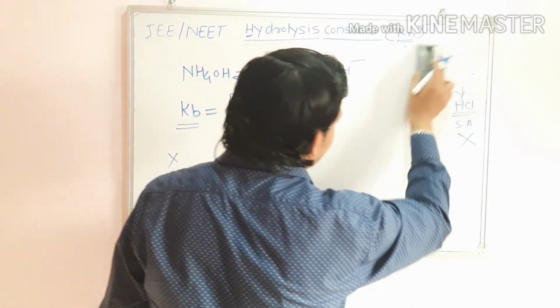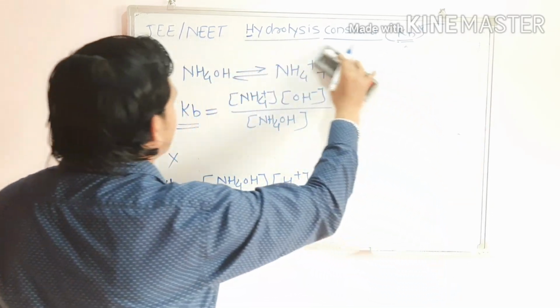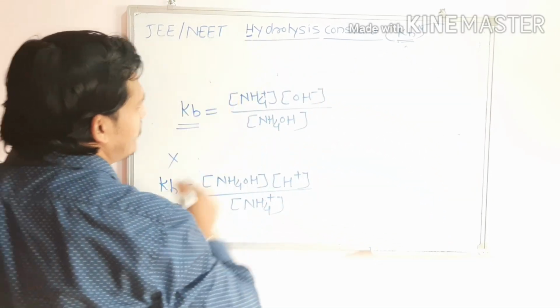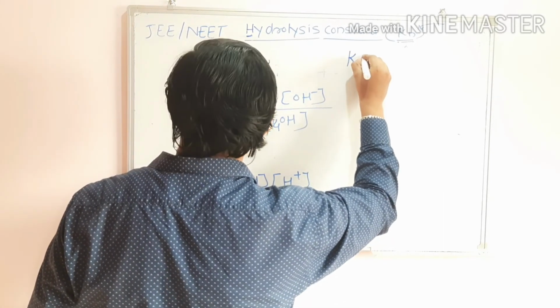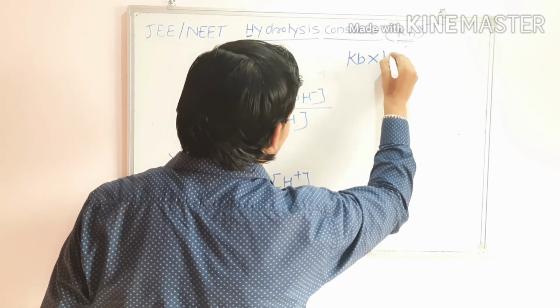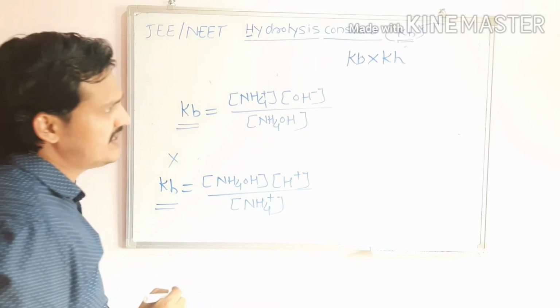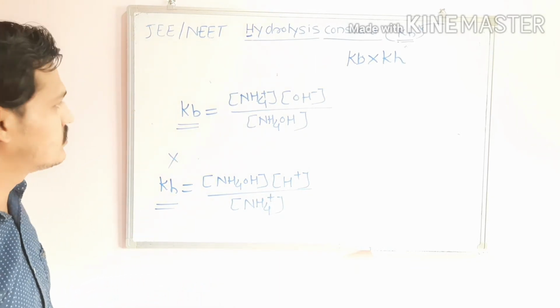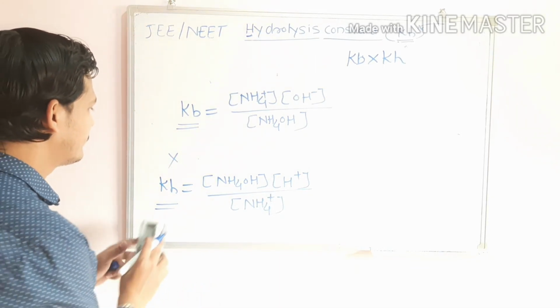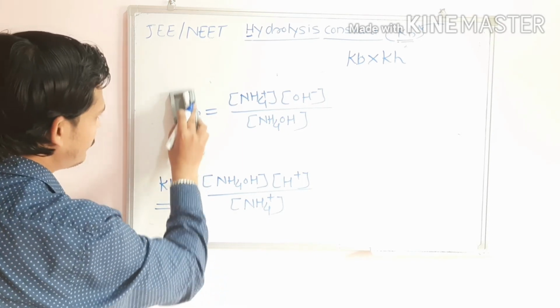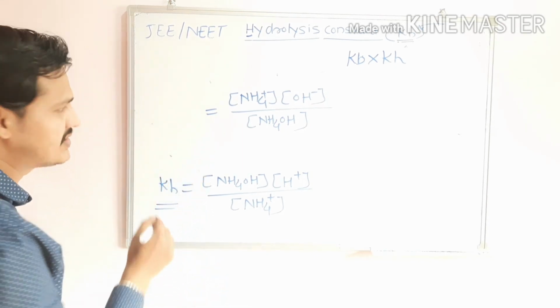I am erasing that. So I want to multiply KB into KH. So we get the equation. The KH equation is here, keep it temporarily. I am exchanging a little bit here.